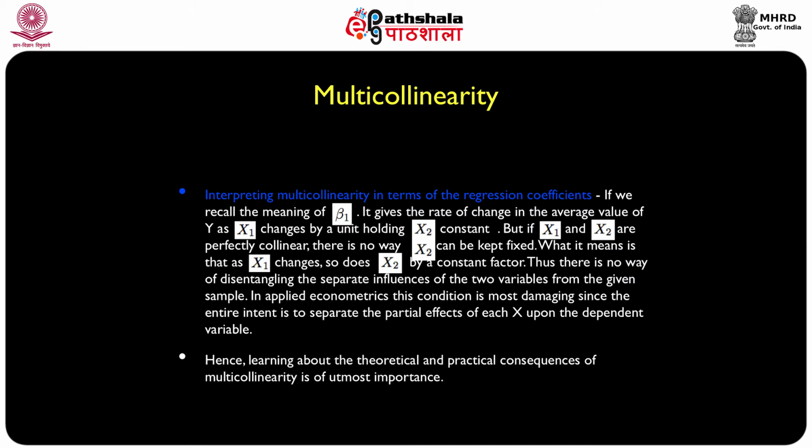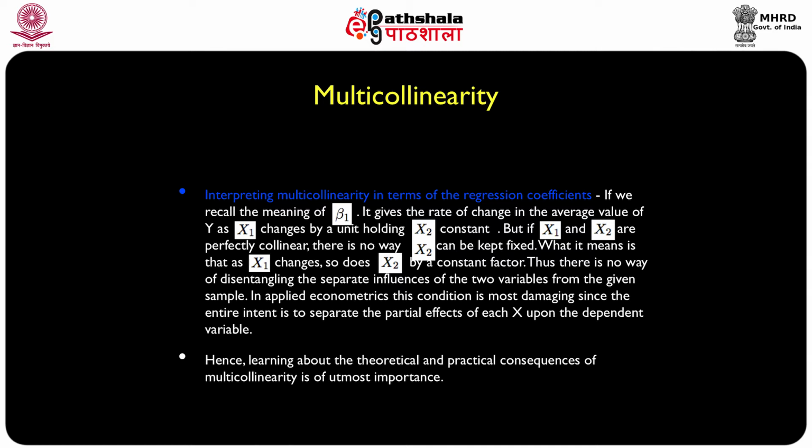Now, interpreting multicollinearity in terms of the regression coefficients. If we recall the meaning of the regression coefficient beta 1, it gives us the rate of change in the average value of the dependent variable y as the explanatory variable x1 changes by a unit, holding the other explanatory variable x2 constant.